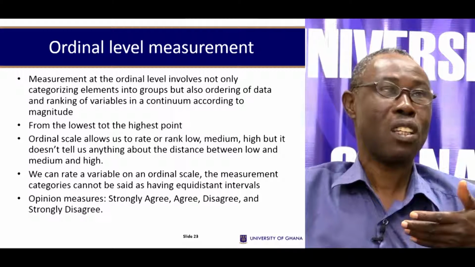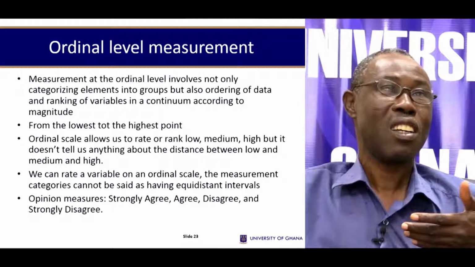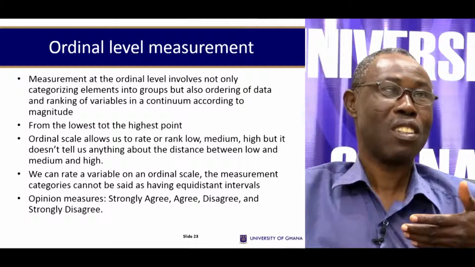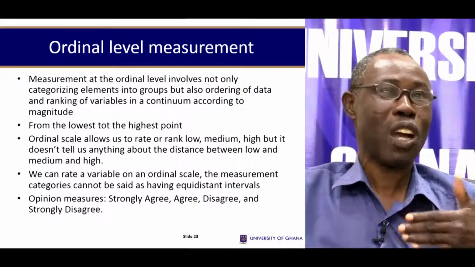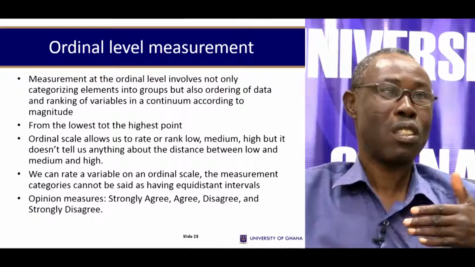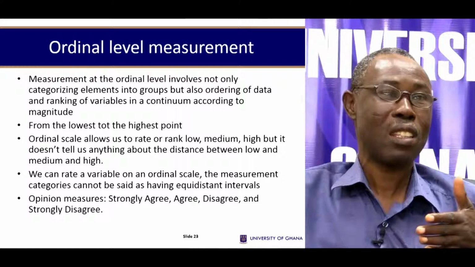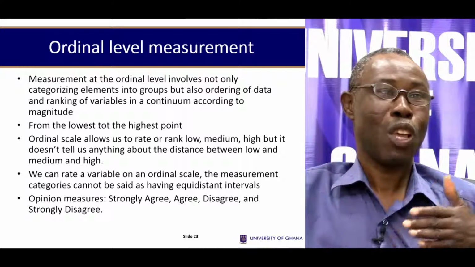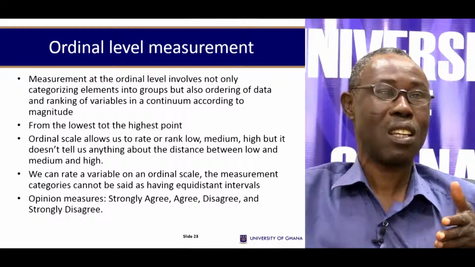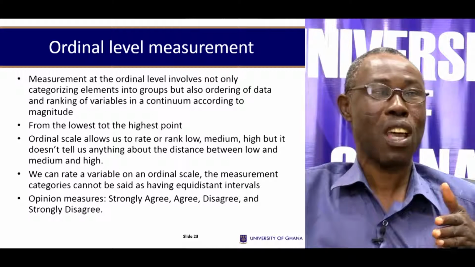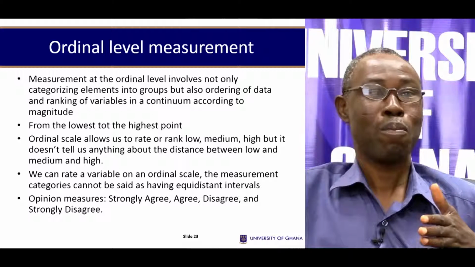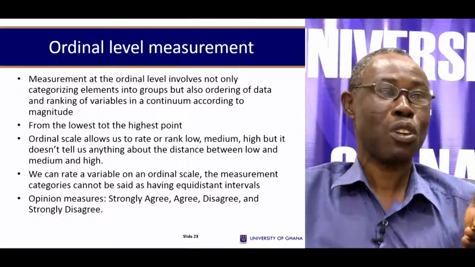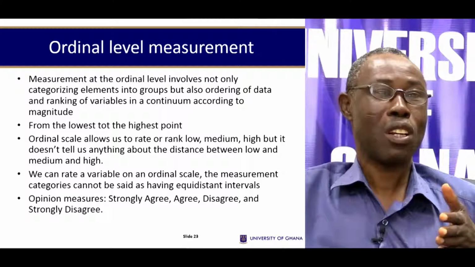Now the next one is what we call ordinal level of measurement. This is ordinal in terms of orderliness. It means you have to order your categories from the lowest to the highest, or from the highest to the lowest. And so if we are using a Likert scale, you can start from strongly agree up to strongly disagree, and you can also start from strongly disagree up to strongly agree.